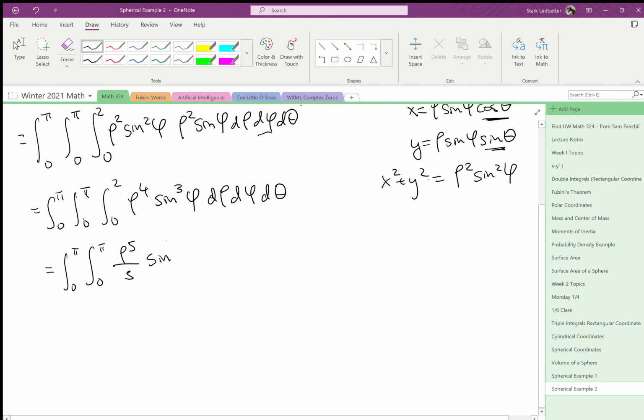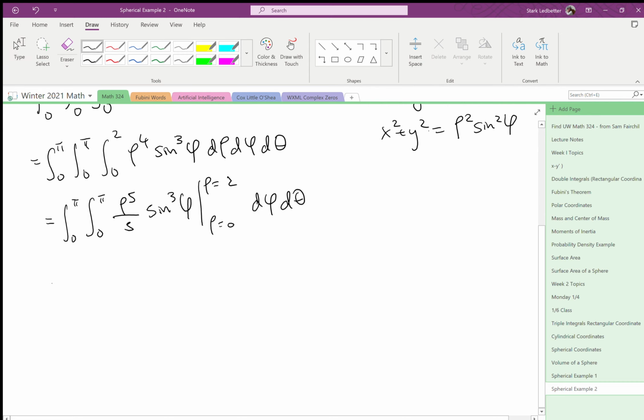Sine cubed phi, we're going rho goes from 0 to 2, d phi, d theta, and so we put that in, we get 32 over 5. And then we have to integrate sine cubed phi, d theta.